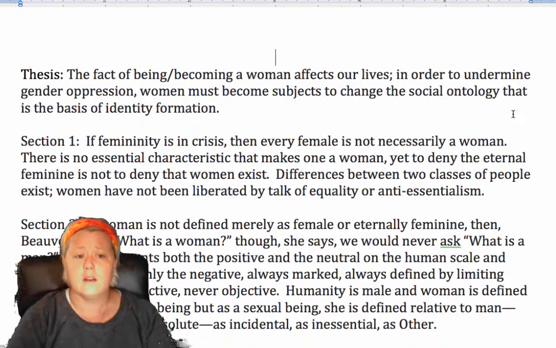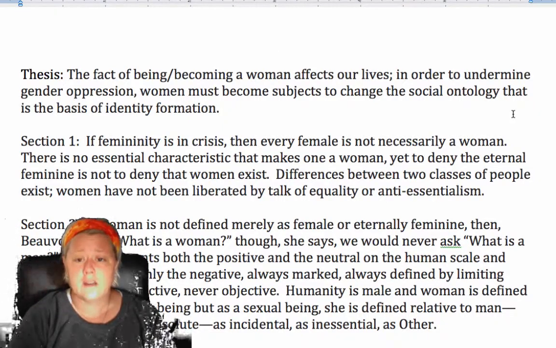And what Beauvoir is trying to accomplish, at least in the introduction here to The Second Sex, is to get us to see that the social context within which one becomes a woman has a great impact on our lives, how we live our lives, what our freedoms are like, what our limitations are like, and what opportunities we have.